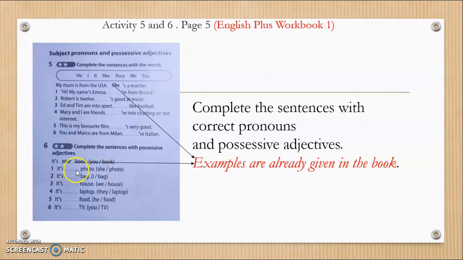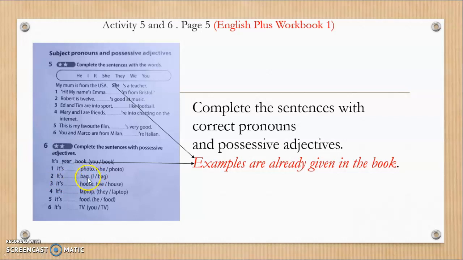It's her photo. The possessive adjective for she is her. Number 2, I. It's my bag.